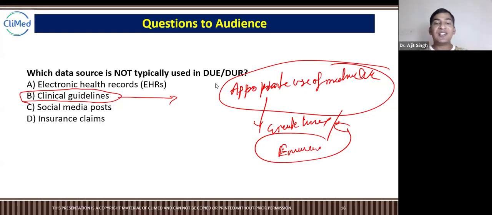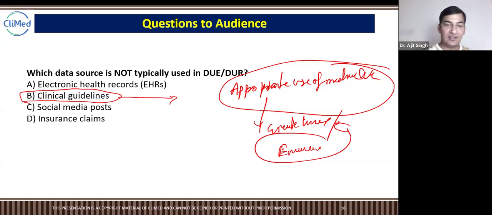So from where will you get the reference of appropriateness? The reference of appropriateness is nothing but clinical guidelines. Clinical guidelines will tell you the appropriate therapy. That's how the clinical guidelines are the standards, and they are the major source for DUE. So that's how the clinical guidelines work.